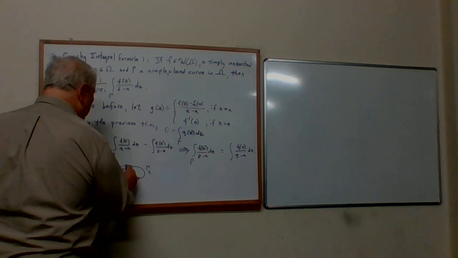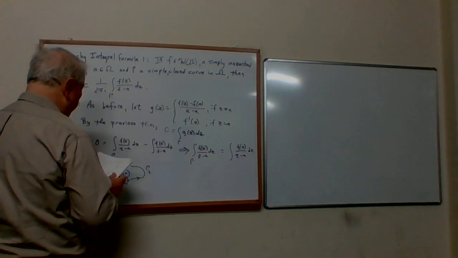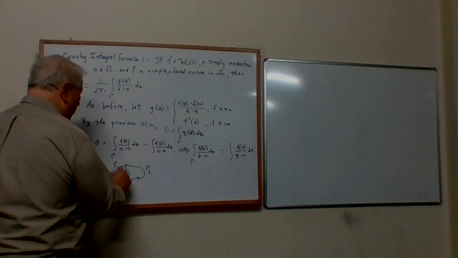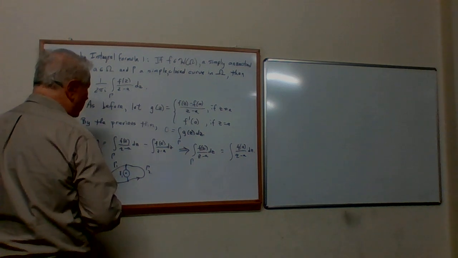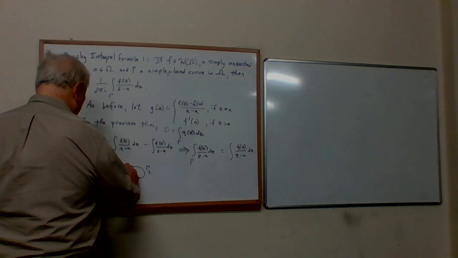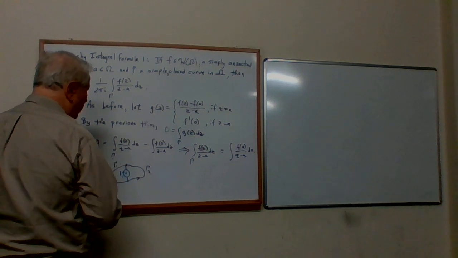We're going to put a little circle around a. And the left side of that circle, we're going to call small case gamma 1, and that's going to be oriented in the direction upward.